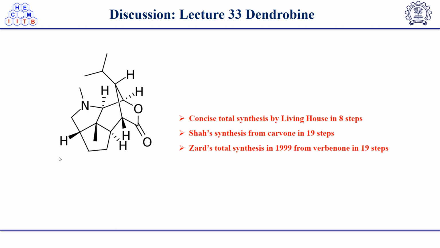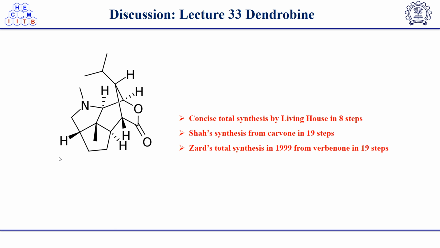So, the total synthesis by Livinghouse was a concise total synthesis of plus or minus dendrobine in 8 steps from 2-methylcyclopentanone, and the key reaction involved was silver ion mediated cyclocondensation of isonitrile with acyl chloride, and he took 10 steps to complete the total synthesis of dendrobine.